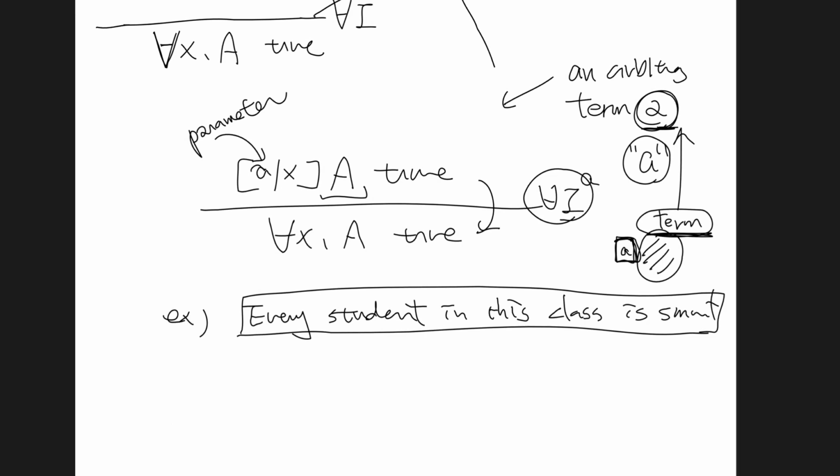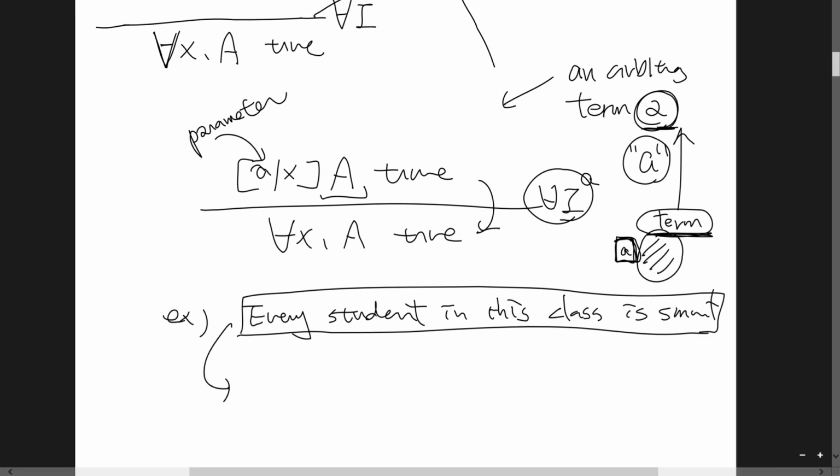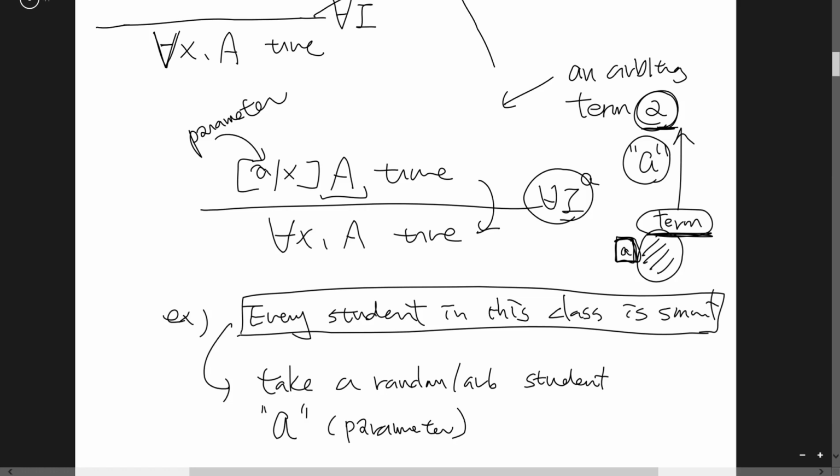So what I do is take a random, or arbitrary, student from this class, and I'd like to call him A, parameter A. I know nothing about this student A except that he's from this class. That's all I know about him.